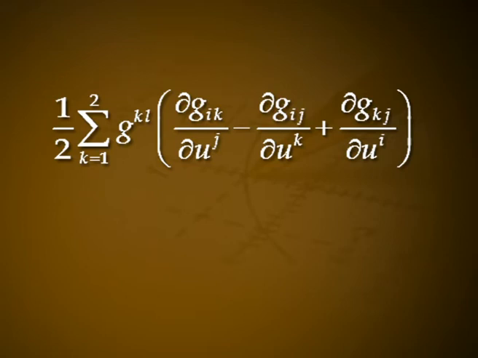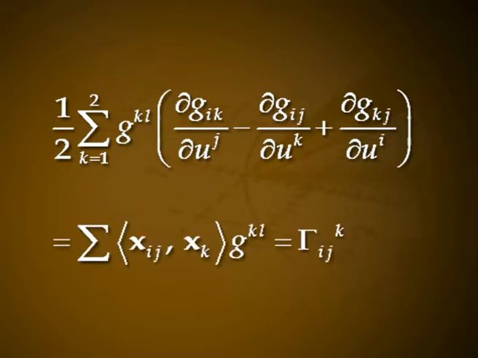If we multiply this result by g^kl and sum over k, we obtain 1/2 times the sum over k from 1 to 2 of g^kl (∂g_ik/∂u^j minus ∂g_ij/∂u^k plus ∂g_kj/∂u^i), which is equal to the sum of the inner product of x_ij and x_k times g^kl, which is equal to Γ_ij^l.